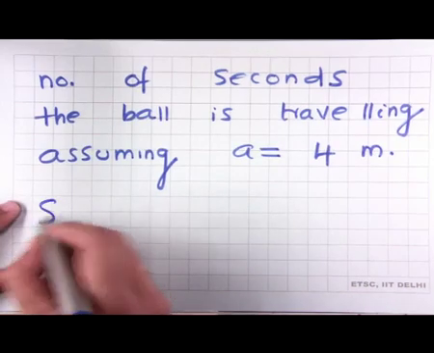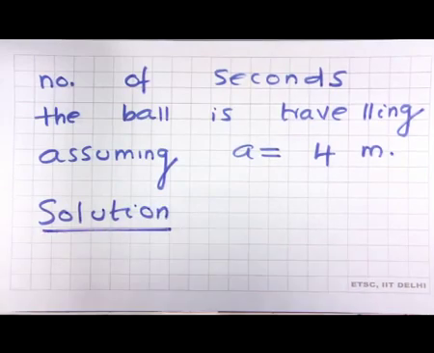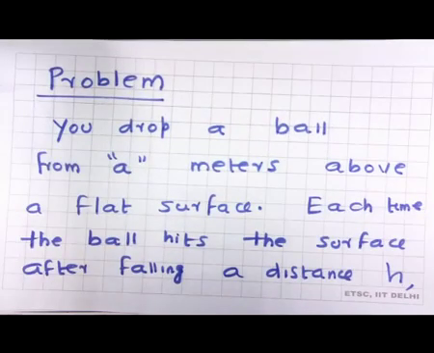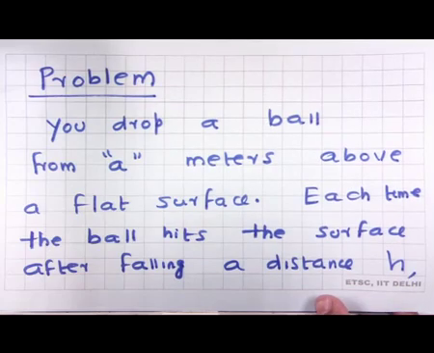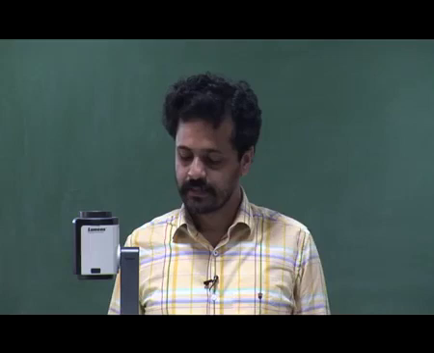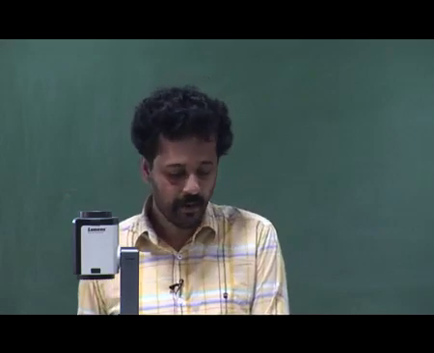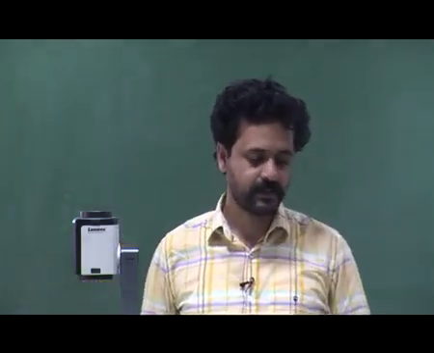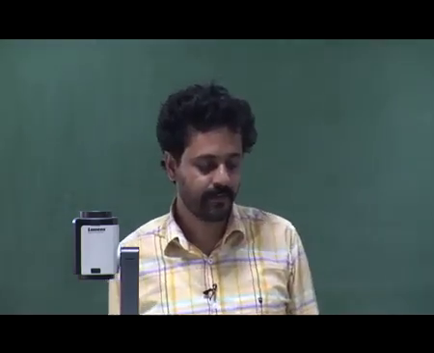Let us try to solve this problem as follows. The crux of the matter is whenever the ball travels a distance h and hits the surface, it will rebound from the surface to a height RH. Recall that first the ball is being dropped above a flat surface with a height a meters.